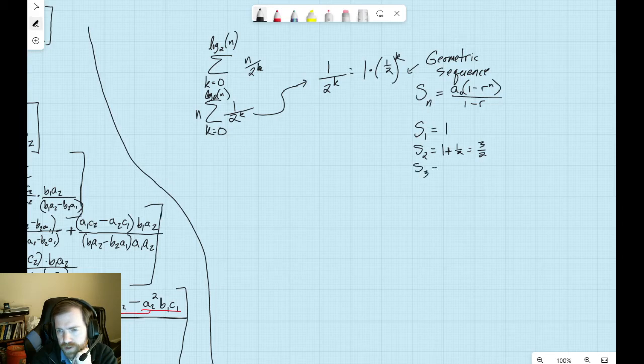Right, S3 is going to be 1 plus a half plus a quarter, which is going to be, right, 3 halves, 6, 7 fourths. S sub 4 is going to be 1, a half, a fourth, and an eighth. This is 14, it's going to be 15 eighths.